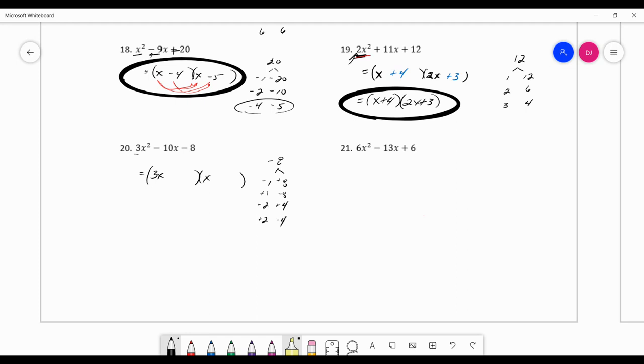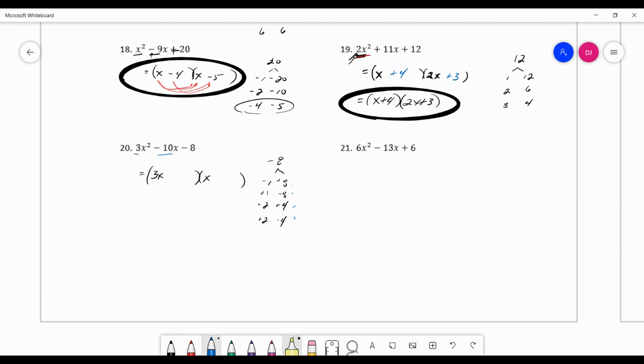Then, bad news here, I'm going to check each of these. Now, I'm going to look ahead and say I know that I want my sum to be a negative 10. So I might start with these guys here, because if I multiply 3 times an 8, I'm going to get a 24. That's going to be tough, right?